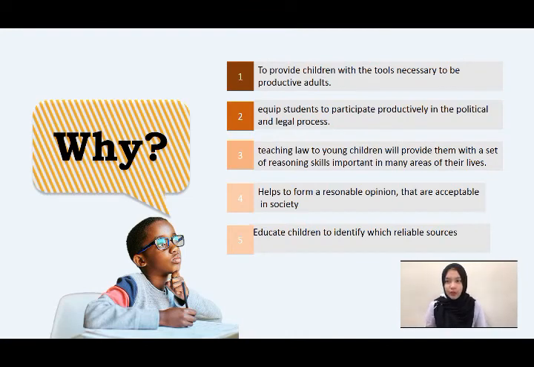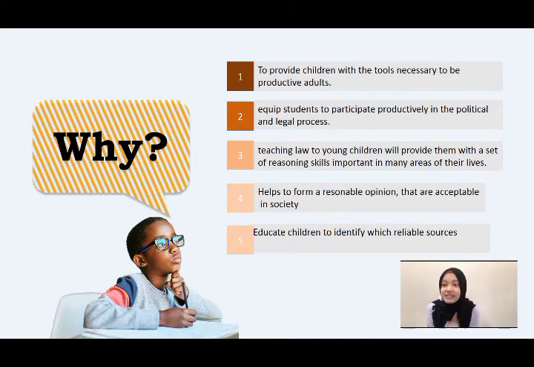Starting from the first point, to provide children with the necessary tools that help them to be productive adults. As we know, as adults, we need to make a lot of decisions that might impact us and the people around us. So, by using legal reasoning, they will be less likely to use emotion in reasoning. This will help them to have a clear vision and the decision can be made effectively.